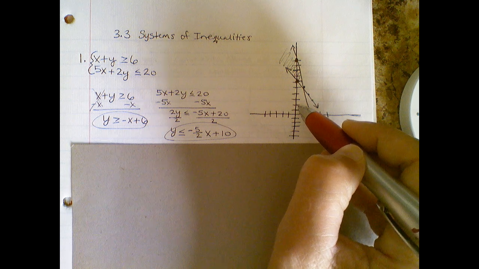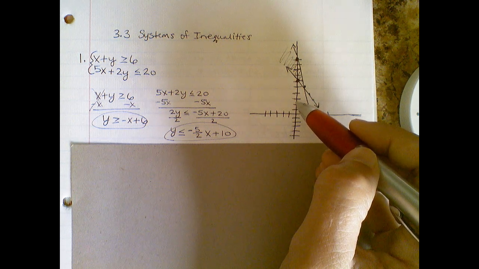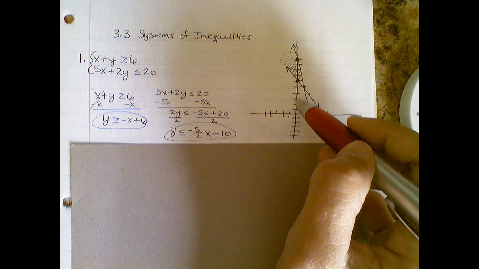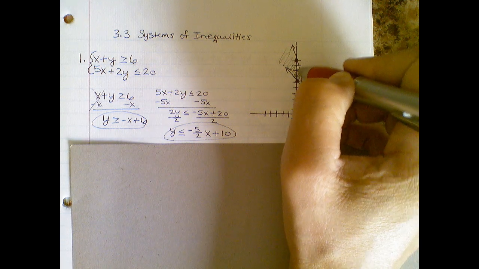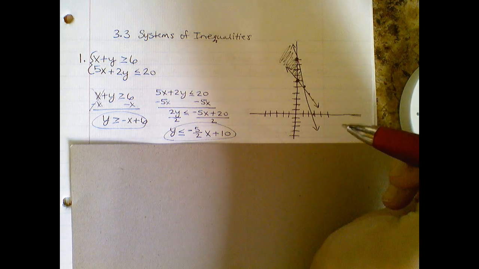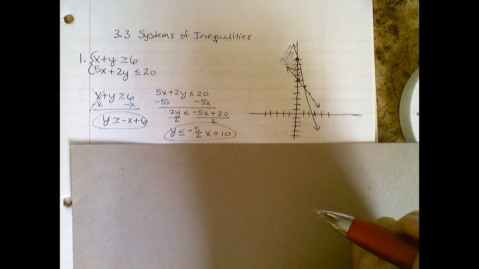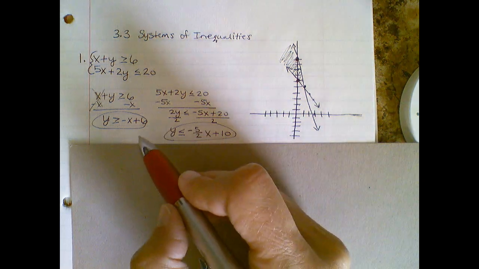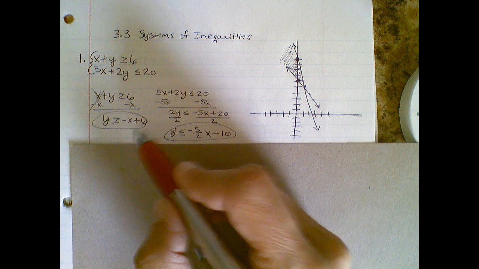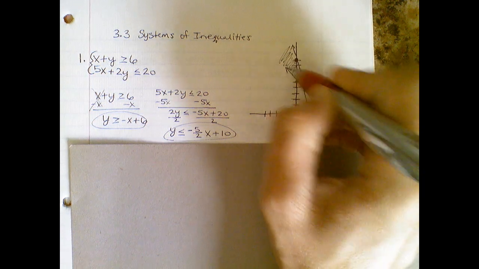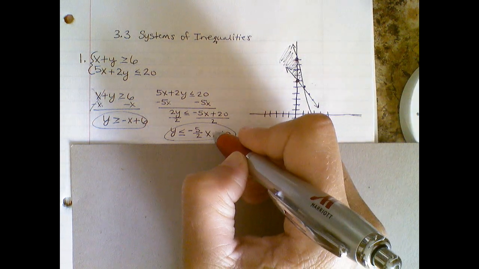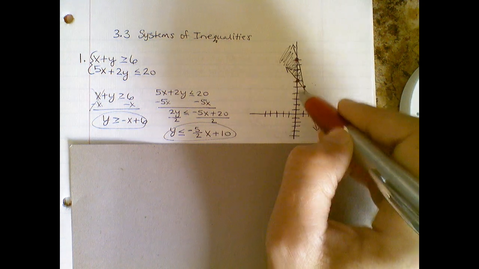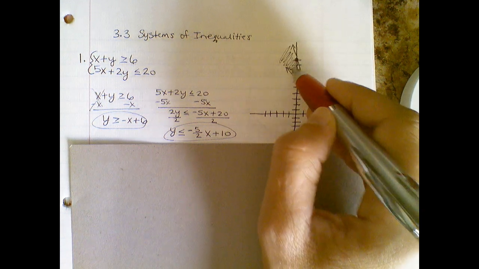And then for a linear system, we need to shade where they overlap. So all of this part would be shaded as where they overlap. Now if you have highlighters, I would strongly encourage you, like for the first one, shade everything above this one. So I shaded both of these. For this second one, I shade everything below it. So both of these, and then where they overlap is right here.